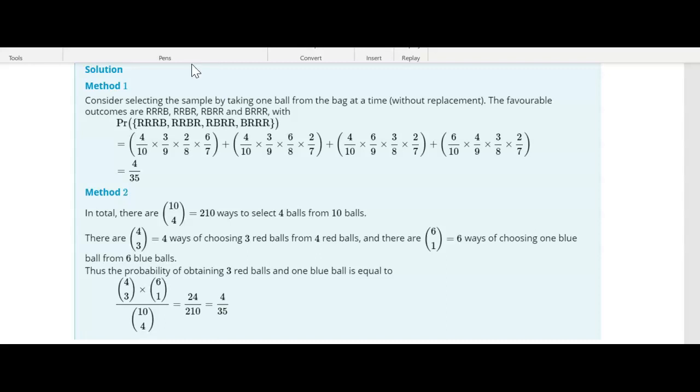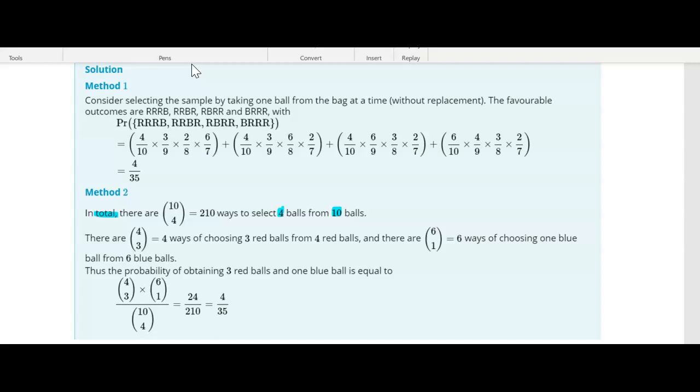So remember, we need to work out the total number of ways of selecting. In this example, we're selecting 4 balls from 10, but in question 1, we're selecting 3 balls from 10. So we're going to be doing 10 choose 3. And then we'd work out how many ways there are to choose 5, well, depending on which one we're doing.